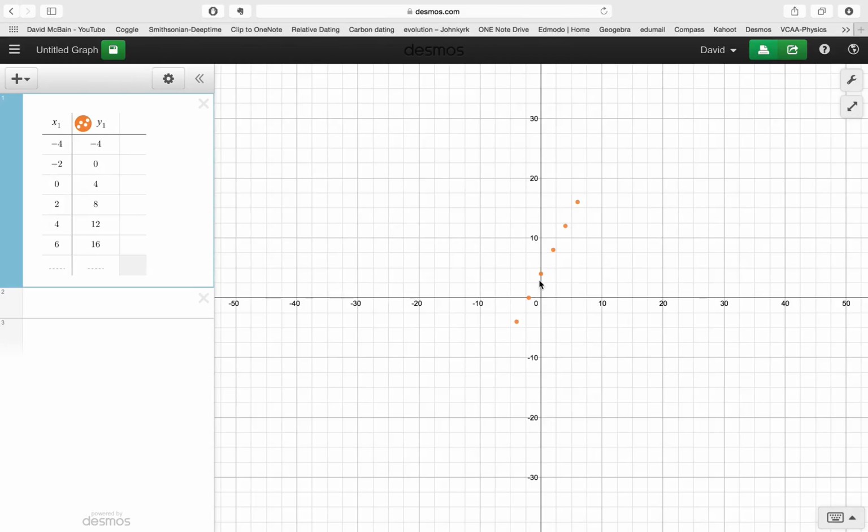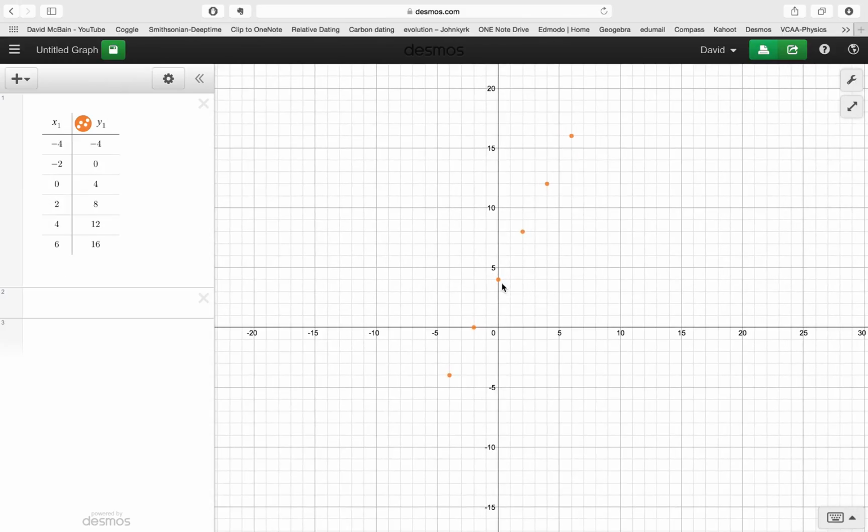We can hopefully see, I'll zoom in actually, that these points are cutting the y-axis at this value here, which is 4. So it looks like our y-intercept is 4.